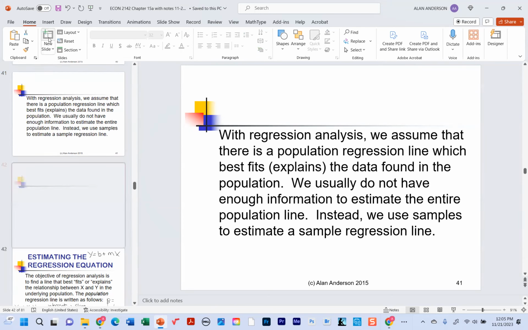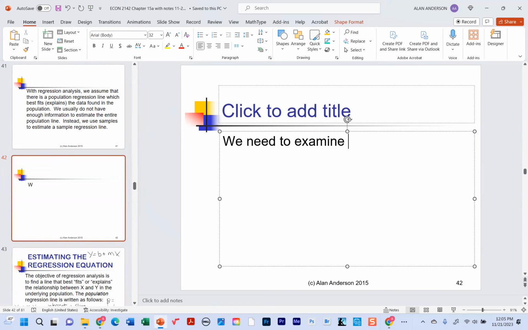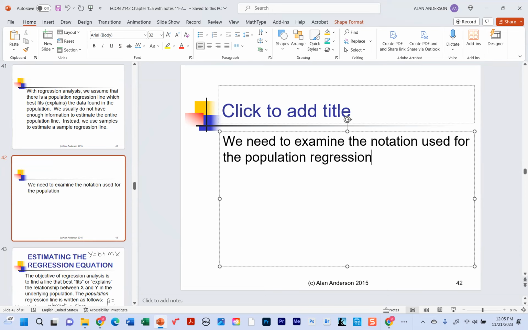Okay, so we need to understand the notation used for the population regression line and the sample regression line.